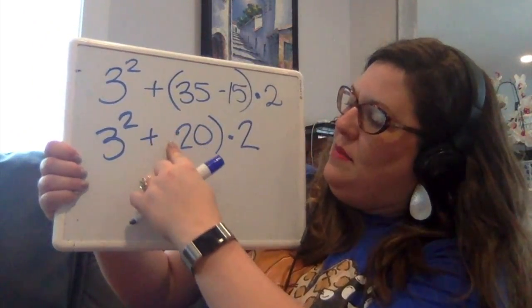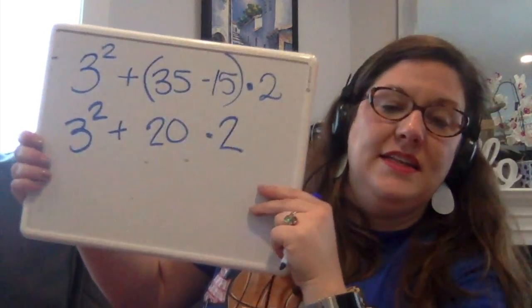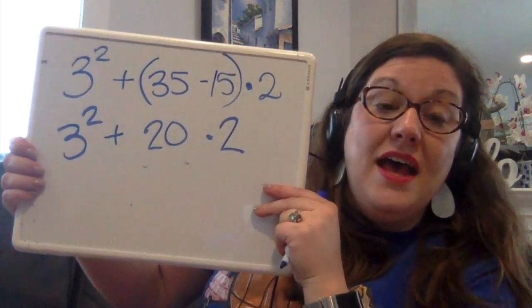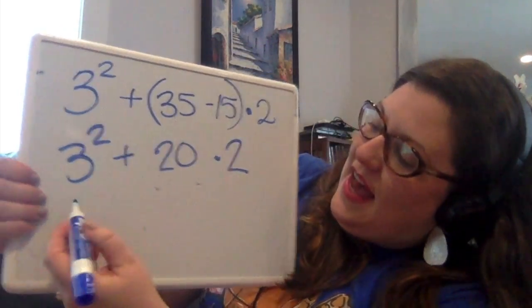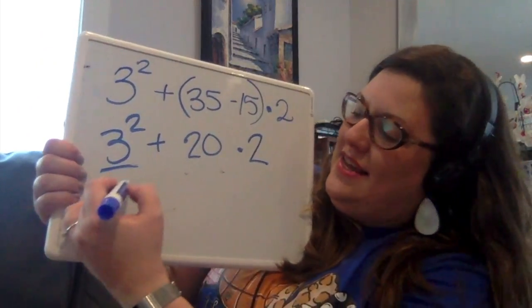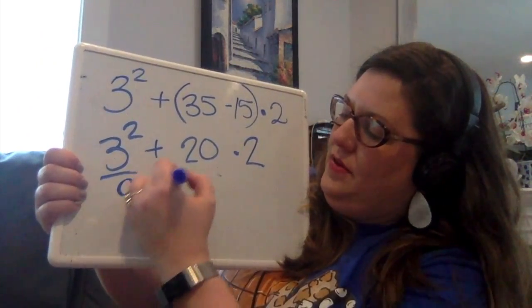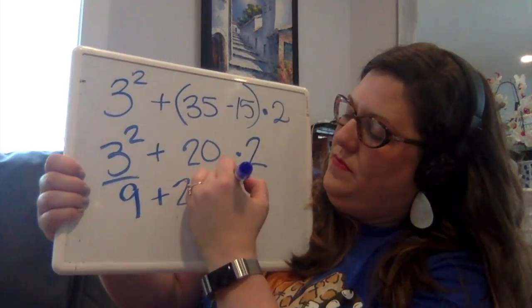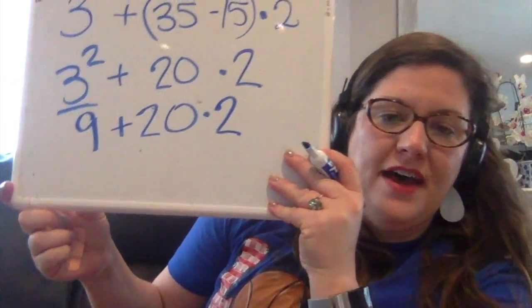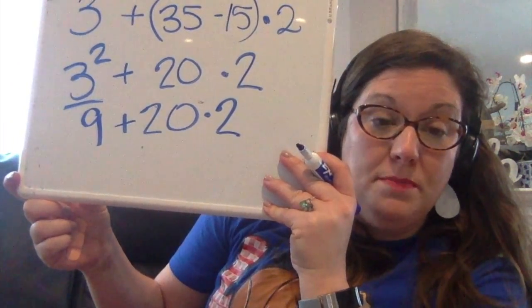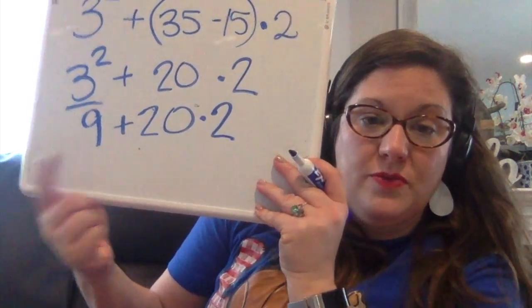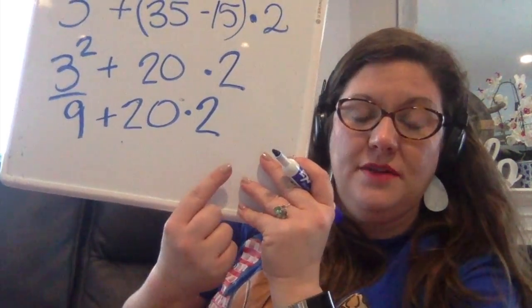Okay? Now, that was the first step, was parentheses. Now, I really don't need them if everything is simplified inside the parentheses. Second step, exponents. I do have an exponent. 3 squared is 9. Okay, so I simplified that. Third step, multiply and divide from left to right. Do I have multiplication or division?